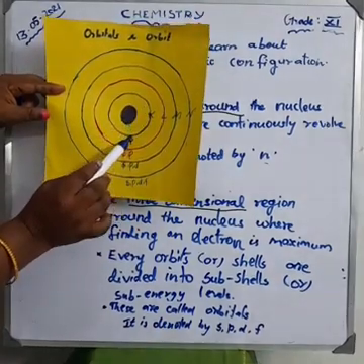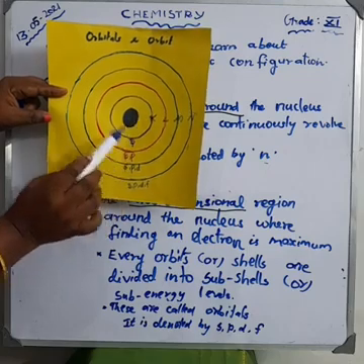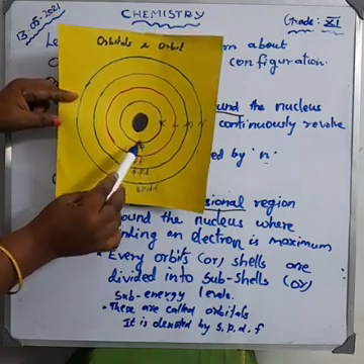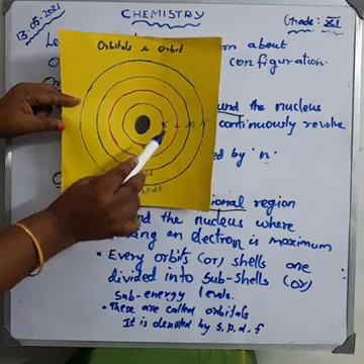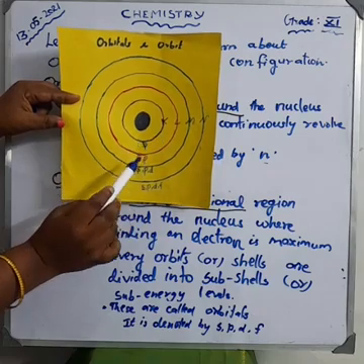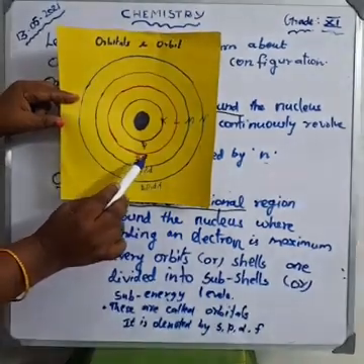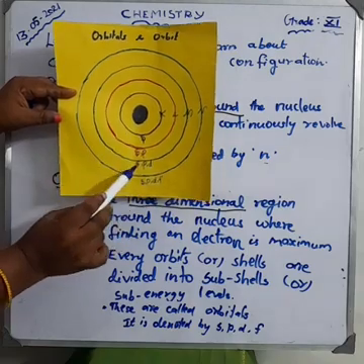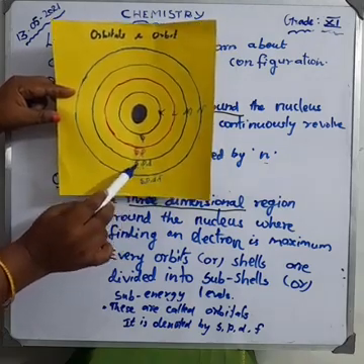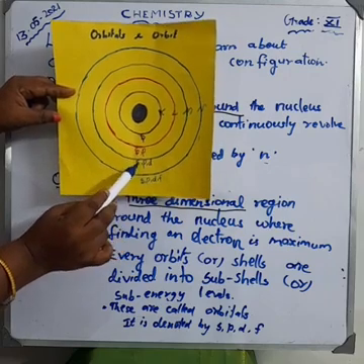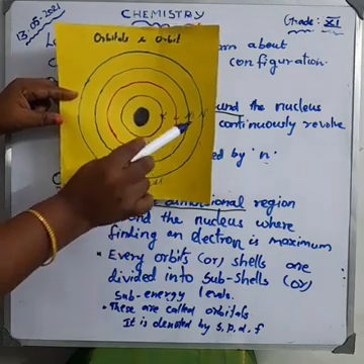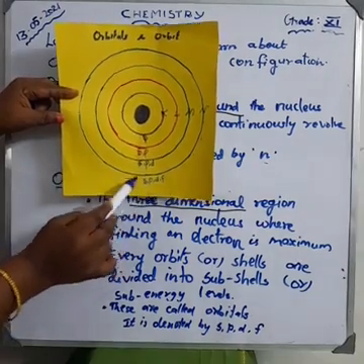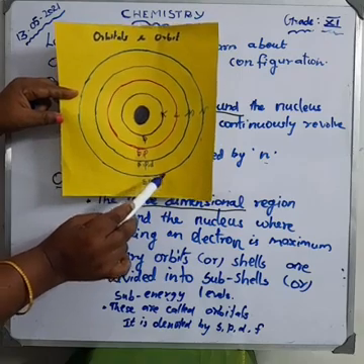The K orbit consists of only one subshell, that's called S. The L orbit has two subshells, S and P. The M orbit consists of three orbitals, S, P and D. And the N orbit consists of four orbitals, S, P, D and F.